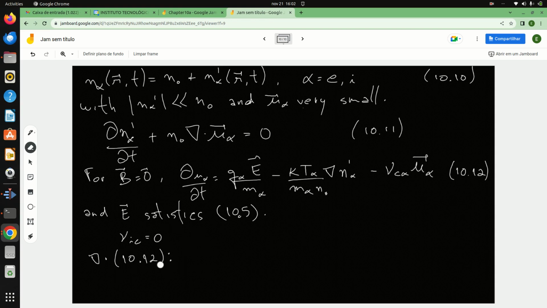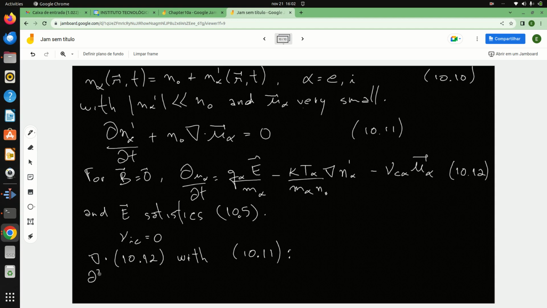Let's take the divergence of 10.12, and we'll use 10.11 for the divergence of u, because here we'll have the del t of divergence of u. So in place of divergence of u, we'll use minus del n del t. So this is becoming a second order time derivative with 10.11.